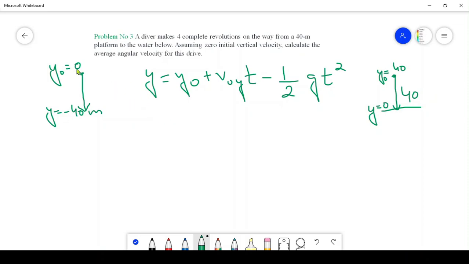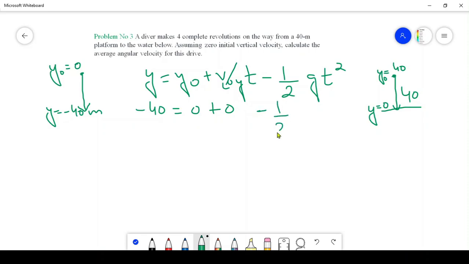Now if I use these values in that relation to solve for time, I can say that y is equal to minus 40, y naught is 0. We are given 0 initial vertical velocity, so v naught y would also be equal to 0.